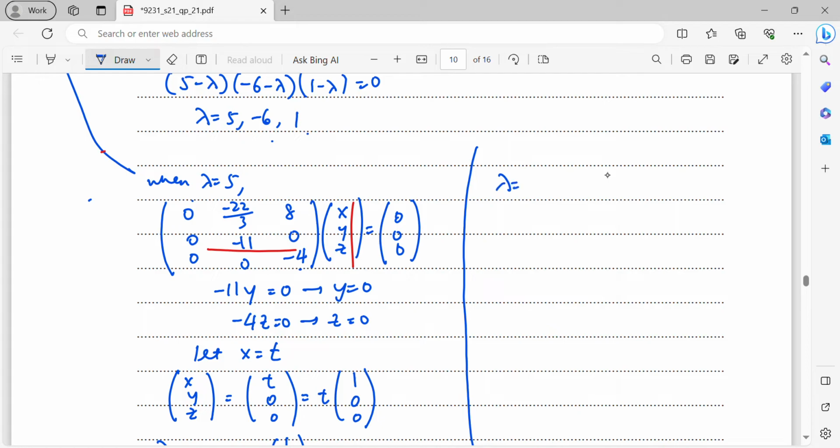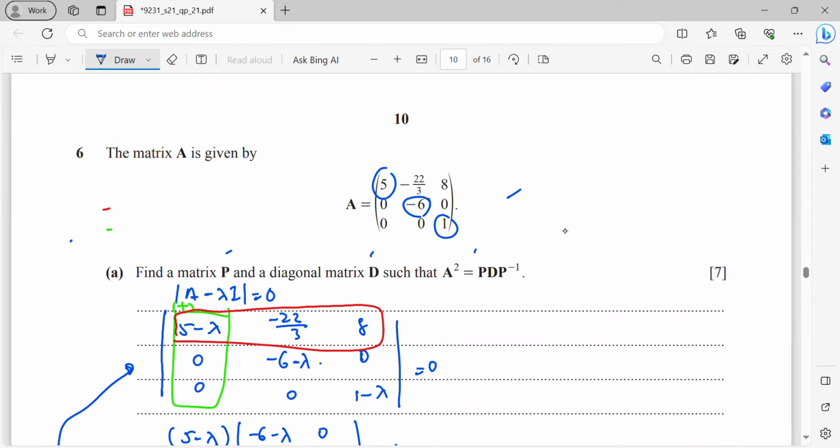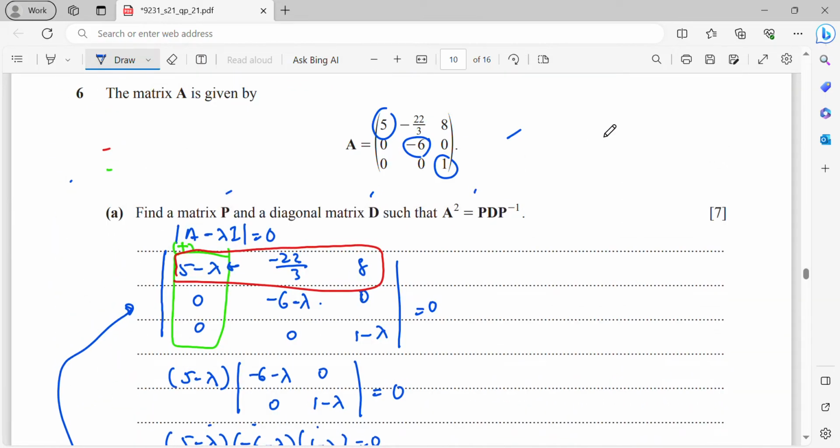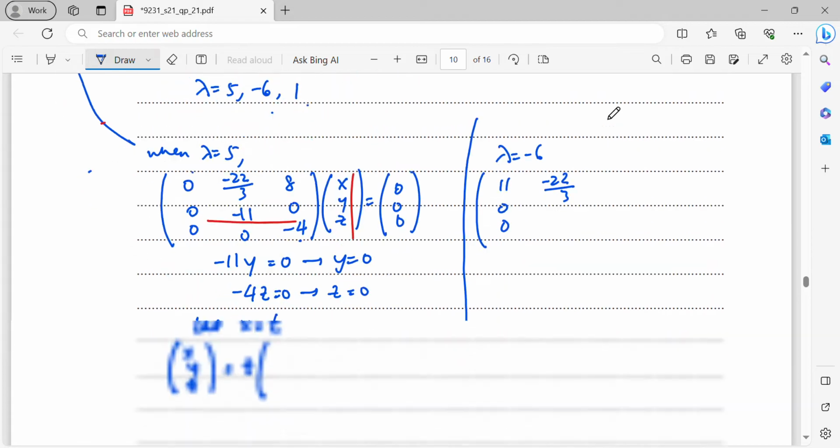Lambda equals minus 6. So we substitute into here. 5 minus minus 6 is 11. Then for the next value, minus 6 minus minus 6 is 0.